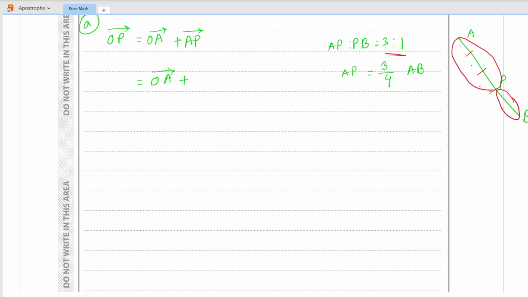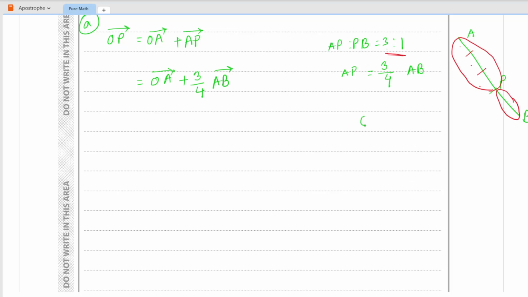Okay. So 3/4 of AB. Now, what is AB? AB, you can find it in two ways. First of all, using position vector. Position vector means we are describing a vector as a position of a point with reference to another point.